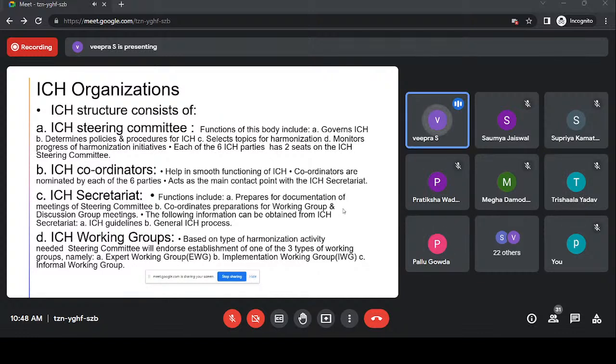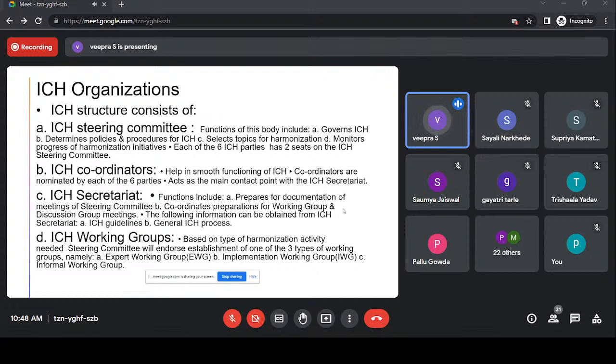Is it only regulatory authorities? No, ma'am. Then who else is contained? Industrial experts are also present here in the ICH. In which year was the ICH formed? 1990. Okay, in 1990 it was formed.